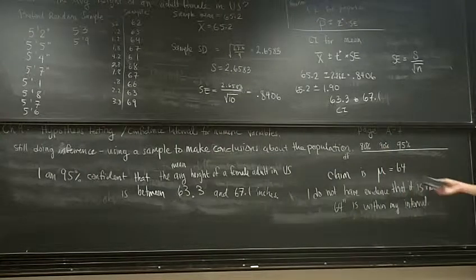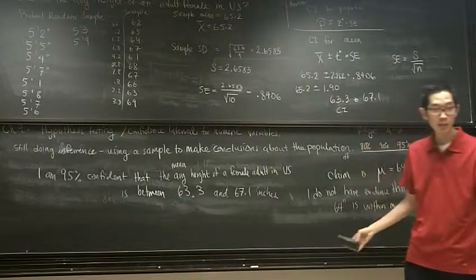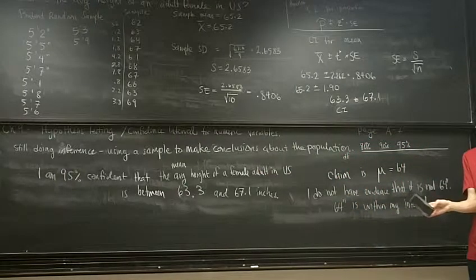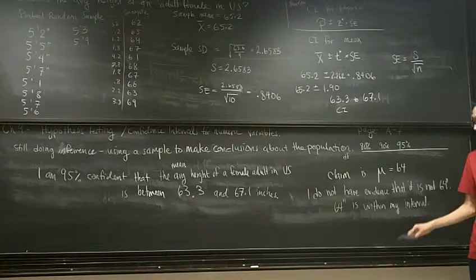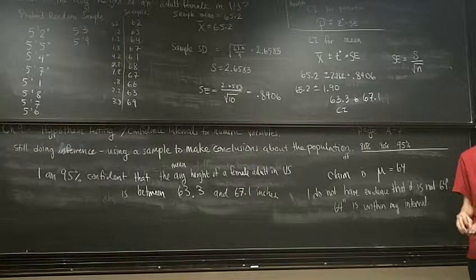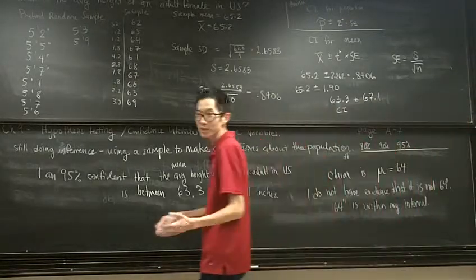Because we can't say that we know what the exact mean is, okay? All we can say is, yeah, that seems like a reasonable number. I can't confirm that's the number, but I can't deny that, okay?